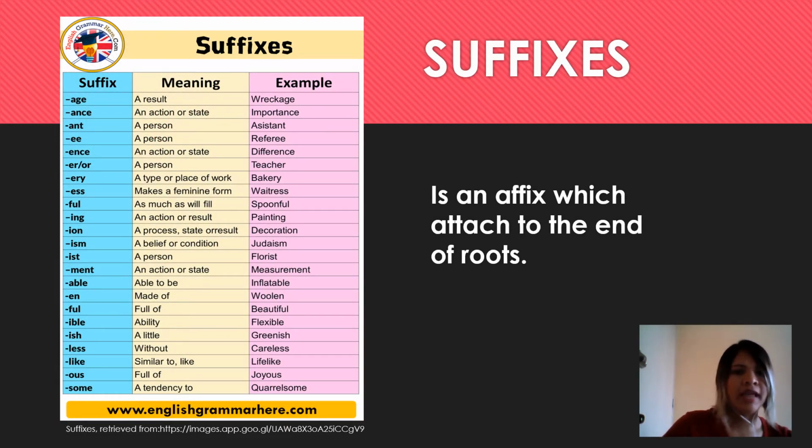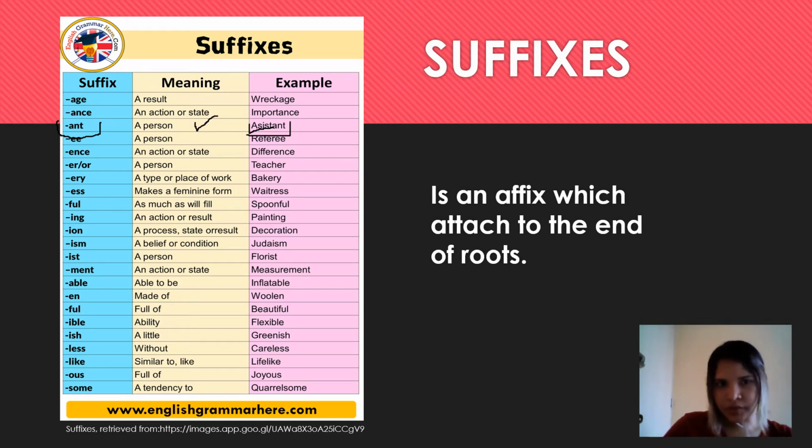Remember, now it's at the end of roots. So let's take the verb assist. Now it's a verb, but if I add the suffix ant, we will get assistant, and now it is a person.